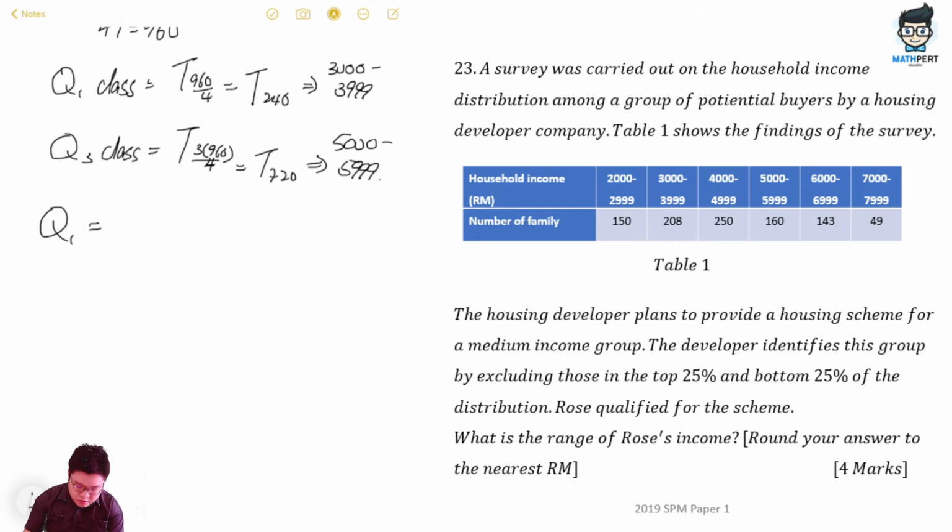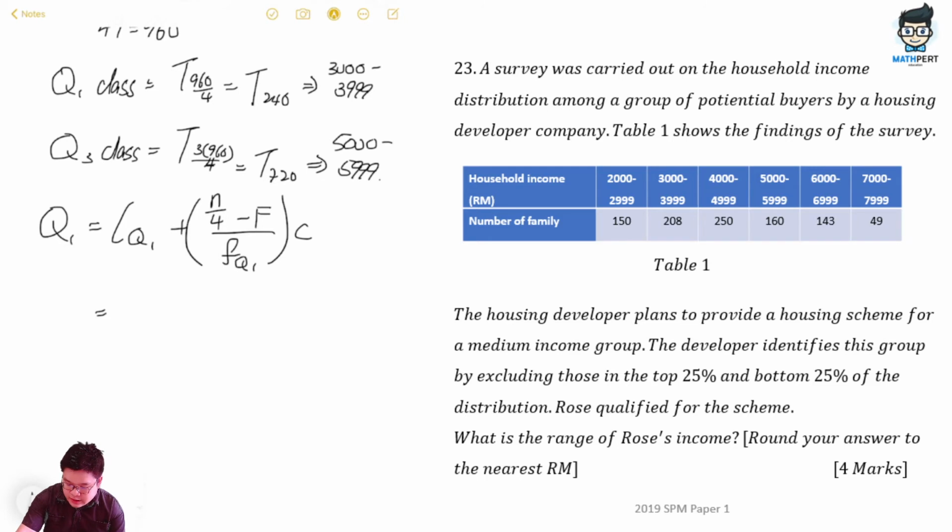Alright, so let's find out the first quartile, Q1. The formula is Q1 equals L_Q1 plus (N over 4 minus F) over F_Q1, multiplied by C. L_Q1 is the lower boundary of the Q1 class.